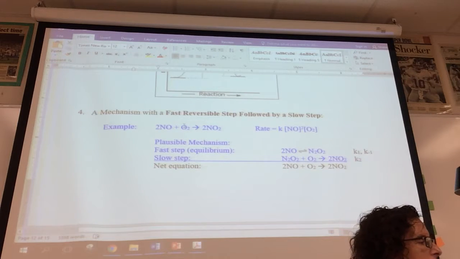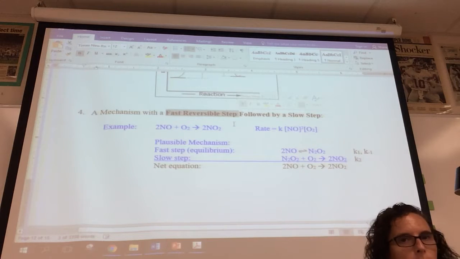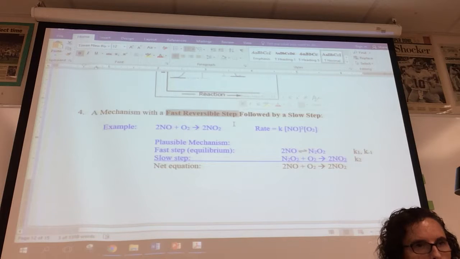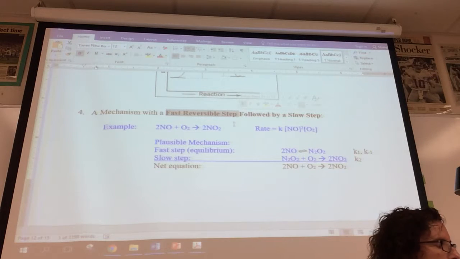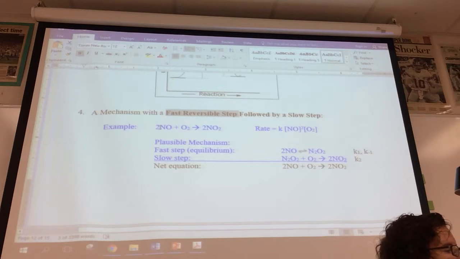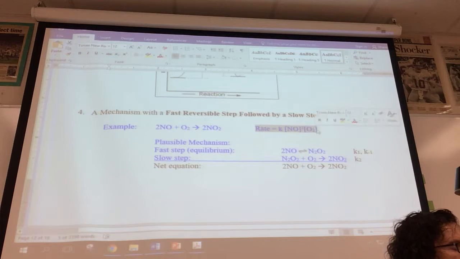Here it says a mechanism with a fast reversible step. Fast reversible means that the reaction goes forward and backward. The rate of the forward reaction is equal to the rate of the reverse reaction, followed by a slow step. So here's an example showing the synthesis of nitrogen dioxide, likely to be exothermic, and they're telling you this is the rate law.